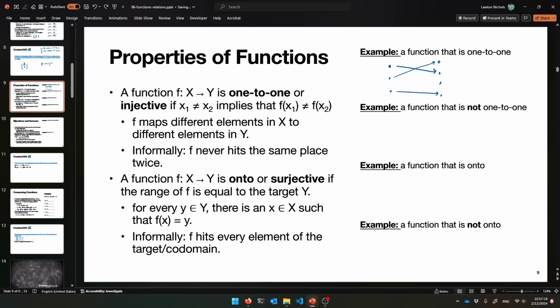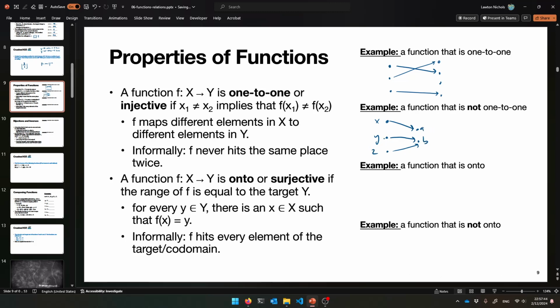Okay, so let me draw that. So here's a function that is not one-to-one. You're kind of forced to not be one-to-one if you have a smaller codomain, for example. So let's say this is your function, and let's call this x, y, and z, and then a and b.